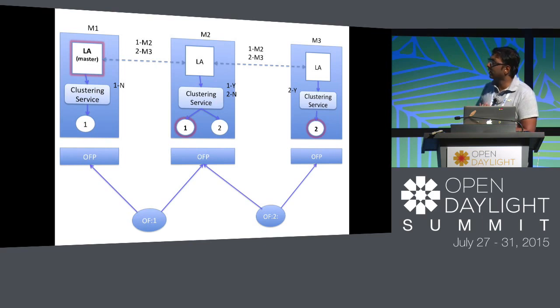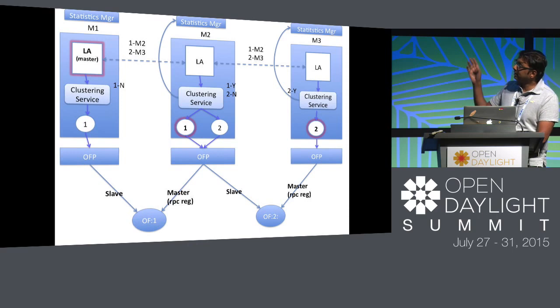In the case of the OpenFlow plugin, it can be first come first serve. If the clustering service or the ownership service gets requests from multiple entities saying that I need to get ownership, then it can decide on a first come first serve basis, or it can be a load shared strategy. So based on different strategies, it can try to acquire the ownership for a particular device.